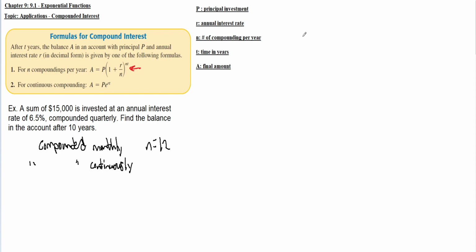After 1 year it gets compounded by the annual interest rate R, and the final amount that I end up with is represented by A, which is equal to P plus P times R. Or you could simply say P times 1 plus R.